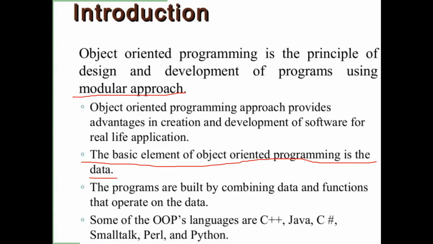Programs are built by combining data and the functions that operate on the data, because when we start writing a program, we need to create the class. After creating the class, within the body of the class, we have to declare the member variables as well as its member functions. Some of the object-oriented programming languages are C++, Java, C#, Smalltalk, Perl, and Python.